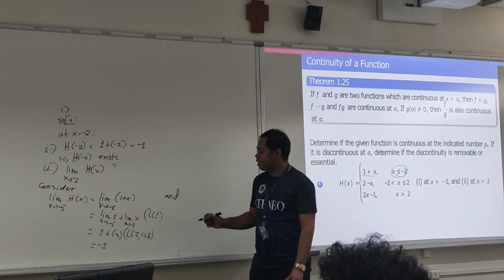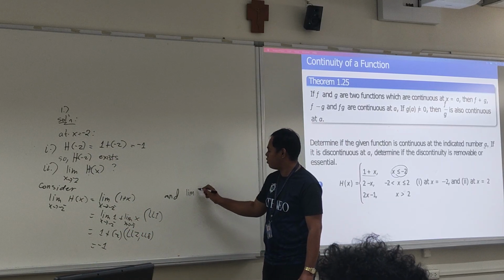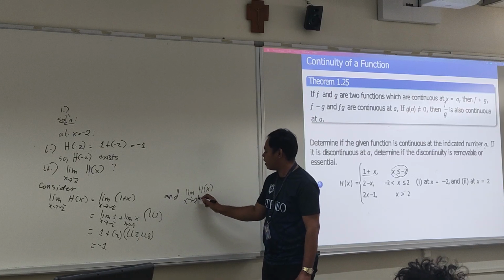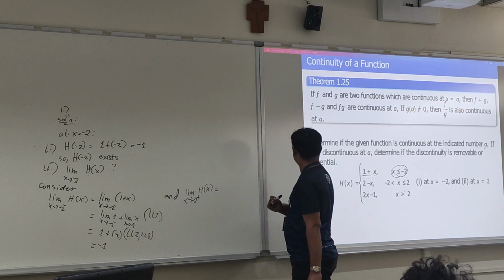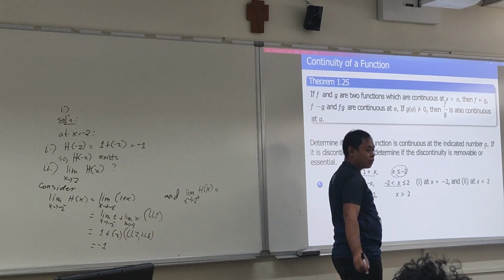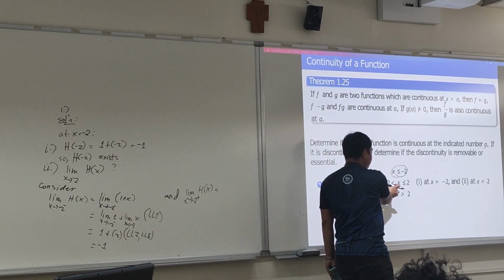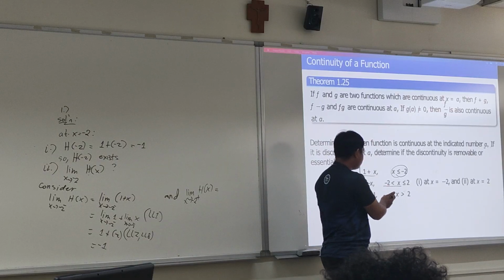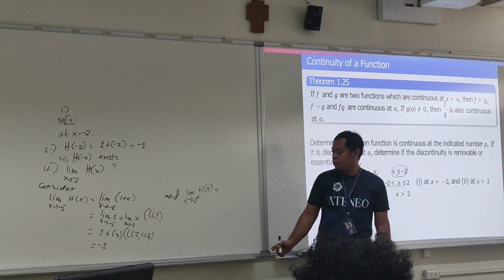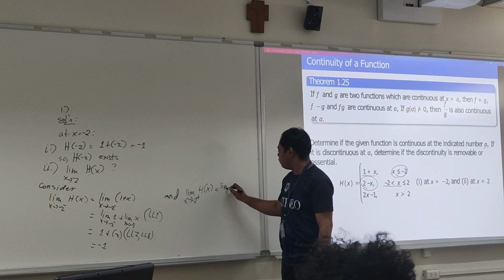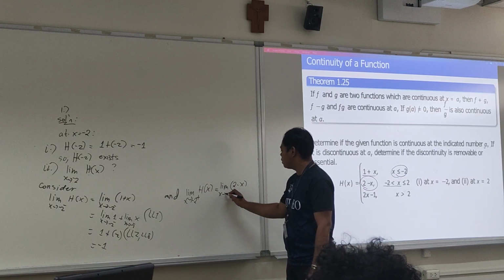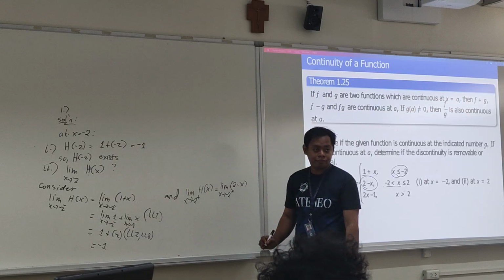And if we take the limit of h of x as x approaches negative 2 from the right, we need to use this solution, since x is always bigger than negative 2. So definitely we use this definition of your function. This is just the limit of 2 minus x as x approaches negative 2 from the right.